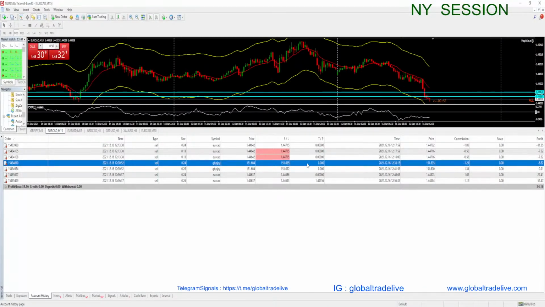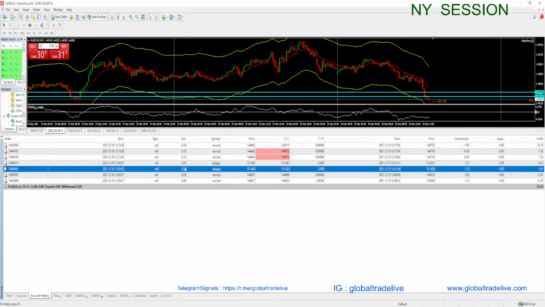I closed the first half, 50%, at 3 pips, and then I closed the second half of the trade, the remaining one, at break even. Why? Because the market was taking more time than it should to move down, because we had clean candles on the left, everything was good, but it started to reject.